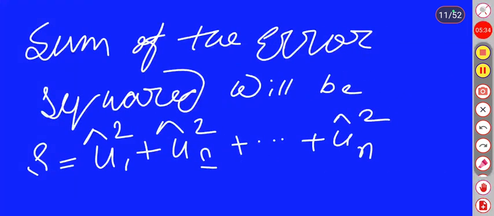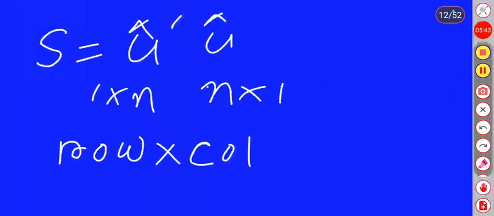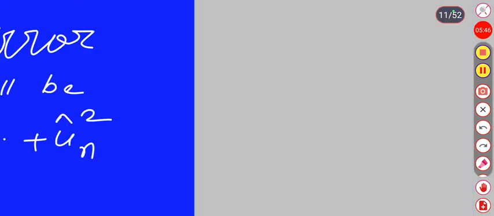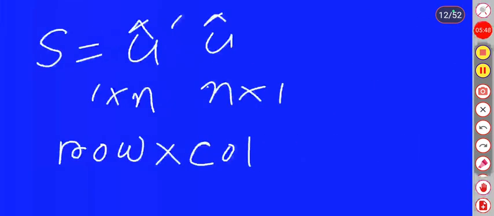The sum of the squared errors will be denoted by s is equal to u1 hat square plus u2 hat square plus u3 hat square up to un hat square. So s, the sum of the squared errors, is equal to u hat prime into u hat. The order of u hat prime is one row and n columns, and for u hat, the order is n rows and only one column.